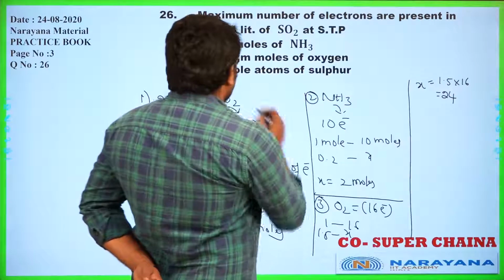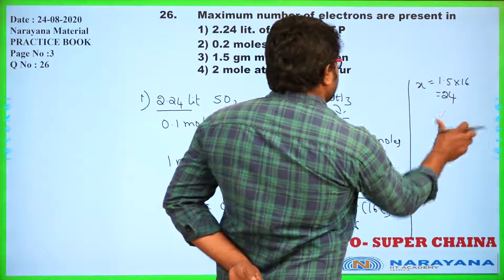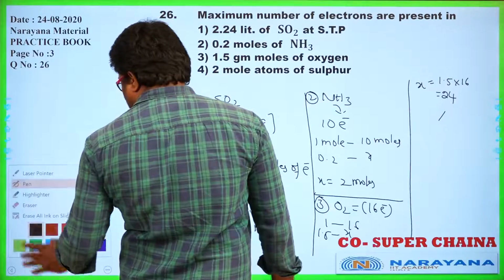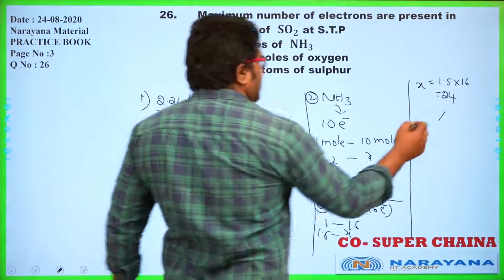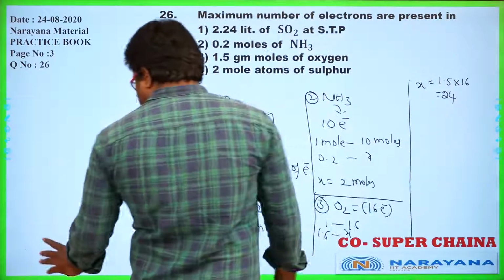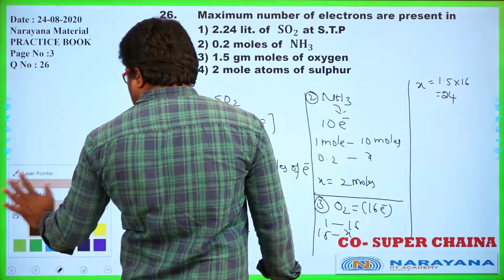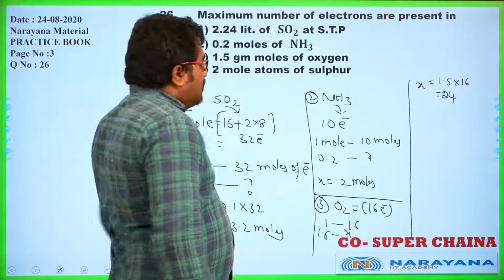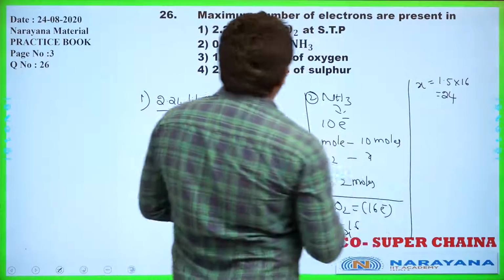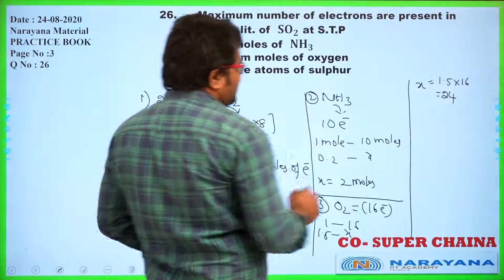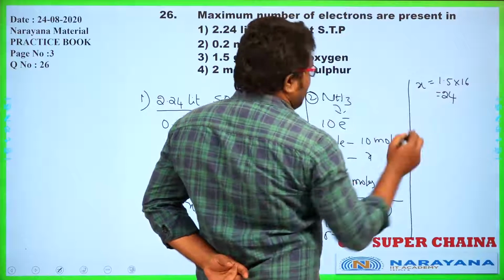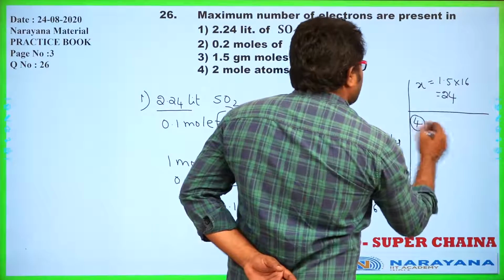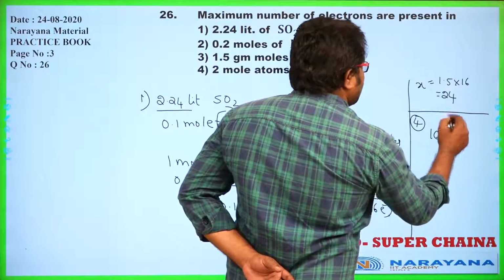Similarly, 2 mole atoms of sulfur, only atoms. So I am taking the fourth option here. Sulfur is 16, 32.